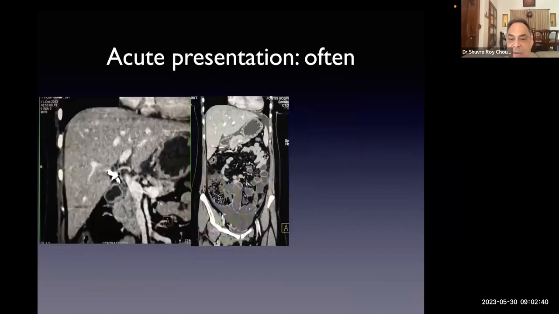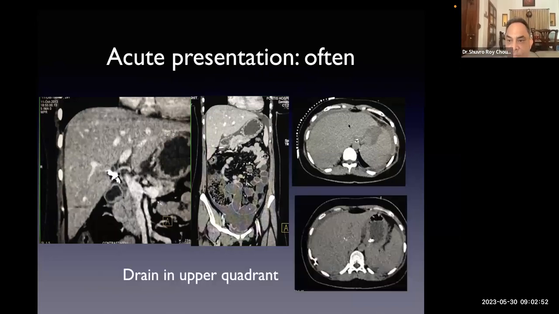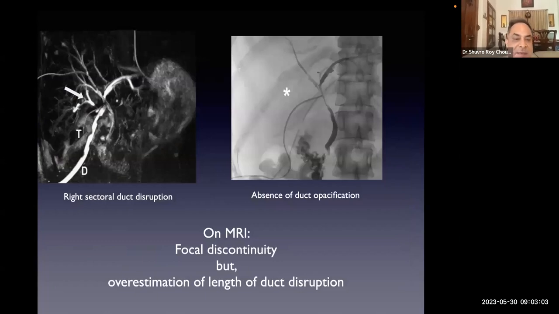I think the question that you were asking, this is a pelvic collection. Typically, we know that there is a stricture, and like you say, we first put a drain. This is a subphrenic drain. We first put a drain in the upper quadrant before doing the complete imaging because it can otherwise be obscured.